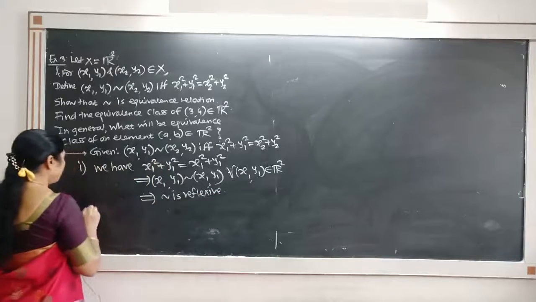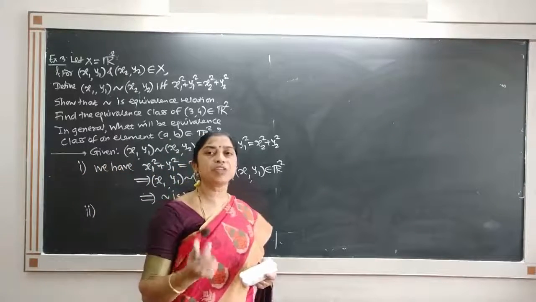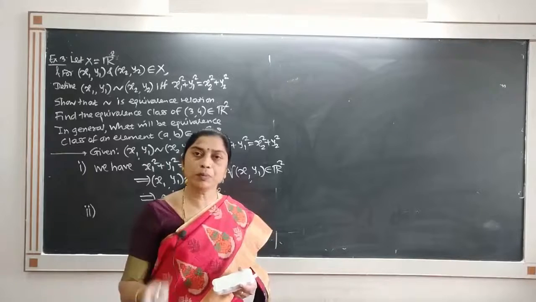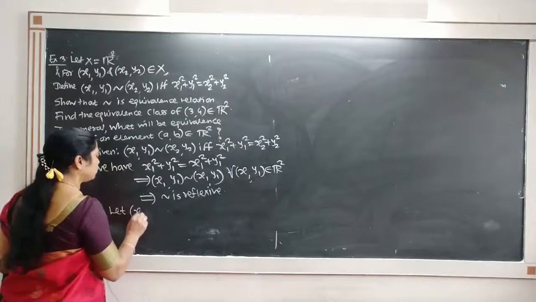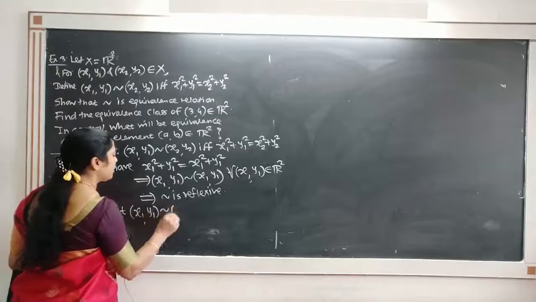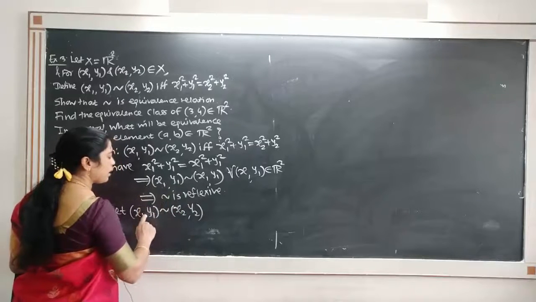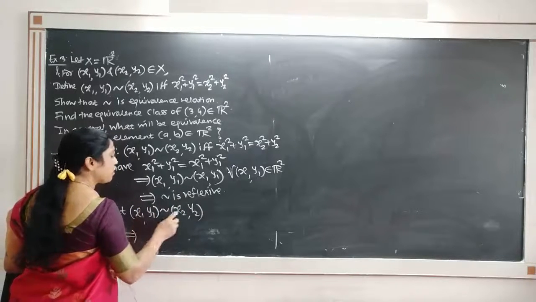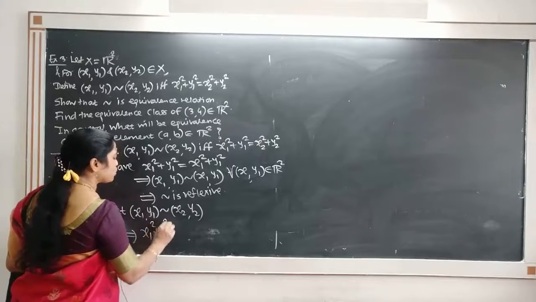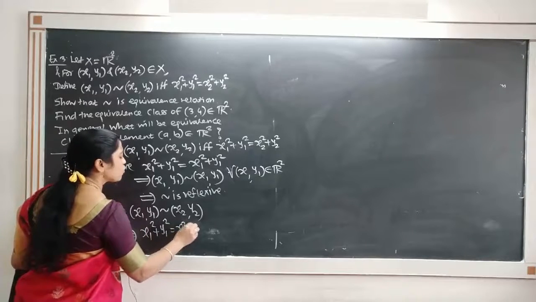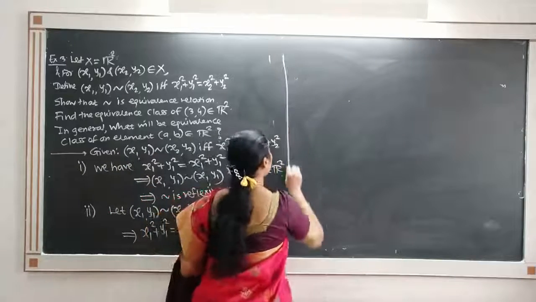Now we want to check whether it is symmetric. Symmetric means if (x1, y1) is related with (x2, y2), then (x2, y2) should be related with (x1, y1). Let us assume that (x1, y1) is related with (x2, y2). We want to check whether (x2, y2) is also related with (x1, y1). When (x1, y1) is related with (x2, y2), if and only if x1 square plus y1 square is same as x2 square plus y2 square.